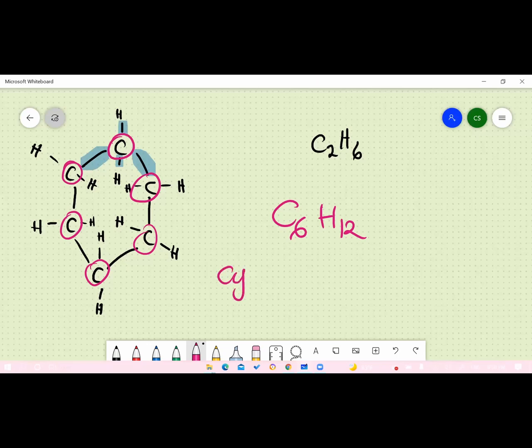C2H6 up there, I was telling you that was the molecular formula for ethane. I was just showing you an example of molecular formulae. So cycloalkanes have the same general formula as alkenes.